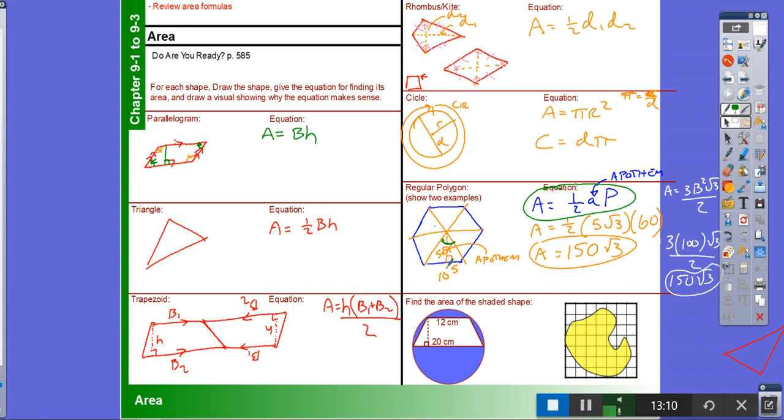All right, and finally, to find the area of the shaded shape. For this one, there are 2 ways you could go about doing it. Well, really, there are 2. So, no, there's really only one. So I know here that the shaded region is made up of a circle minus a trapezoid.